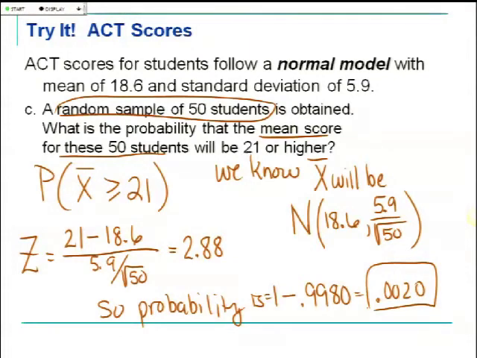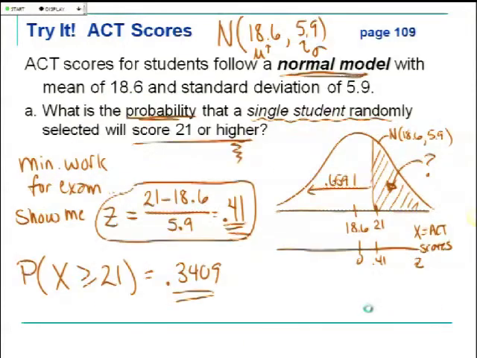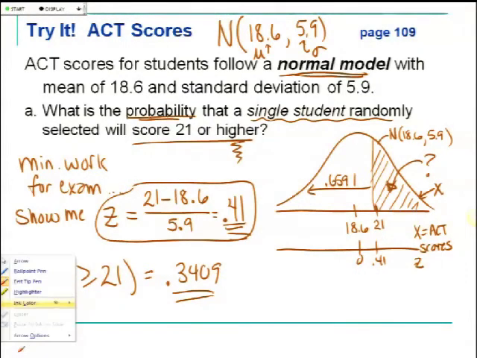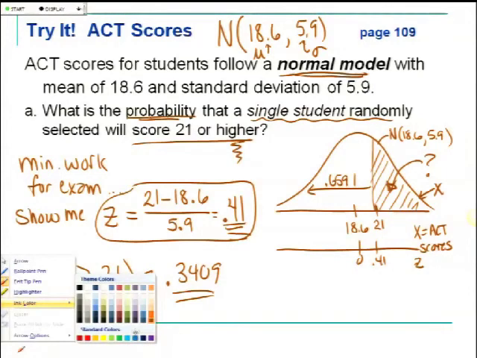Now, what we just found is another area under a different curve, this other normal curve. The picture that I drew in part A, I'm going to go back to for a moment. And this model right here is for x's, for individual ACT scores. What would the curve look like if you superimposed on it the model for x bar? It's still bell-shaped.